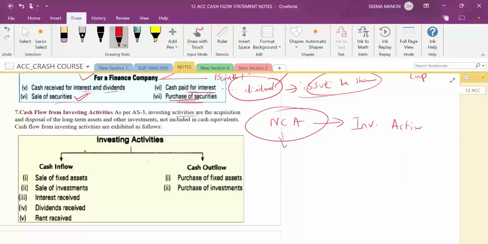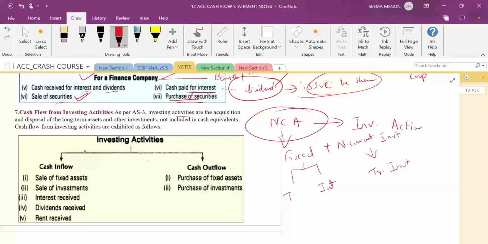What do you mean by non-current asset? That is fixed asset. Non-current asset includes fixed asset. Fixed asset includes tangible and intangible assets. And non-current asset also includes non-current investment. What do you mean by non-current investment? Non-current investment means trading investment, not non-trading investment.